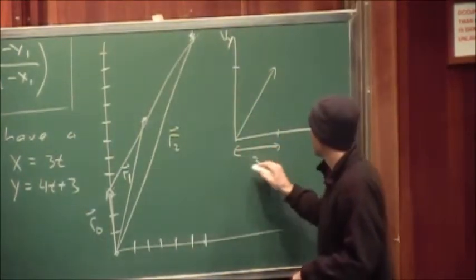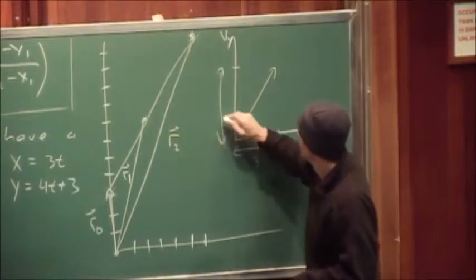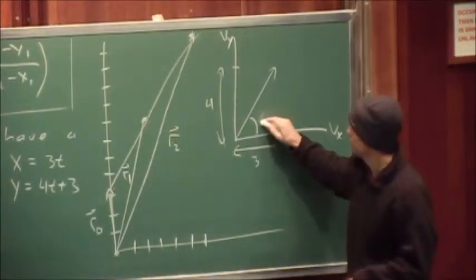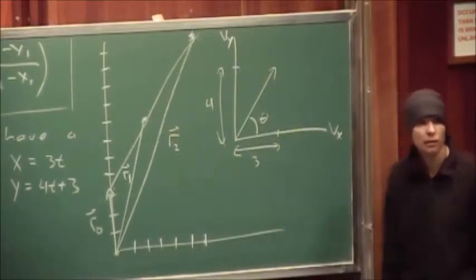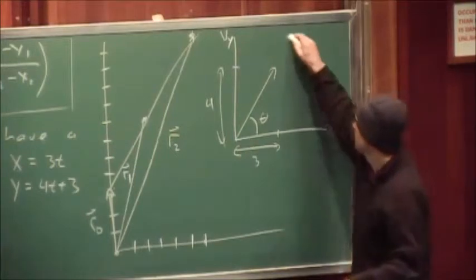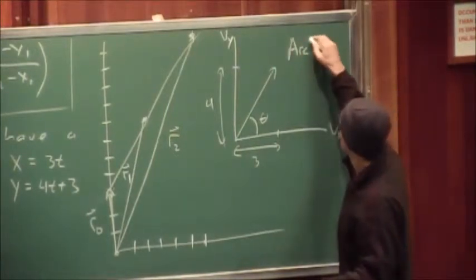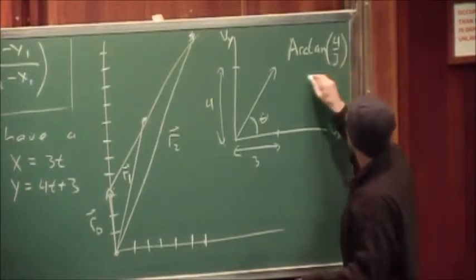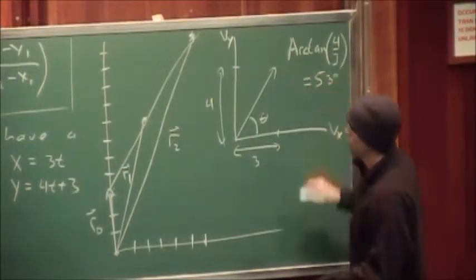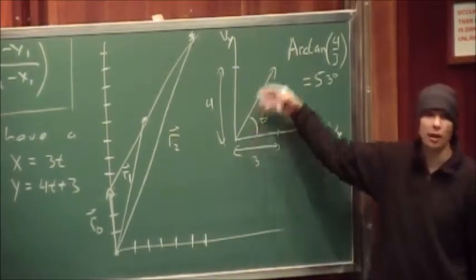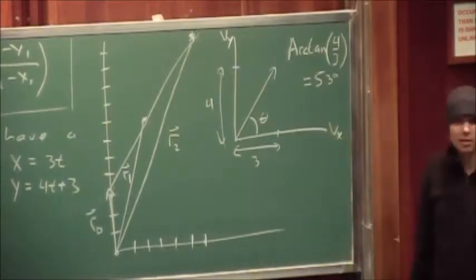So this is 3, and this is 4. And how do I find the angle? Okay, good. So I take the arc tangent of 4/3, which is equal to 53 degrees. Okay. So 53 degrees is the angle of this velocity vector.